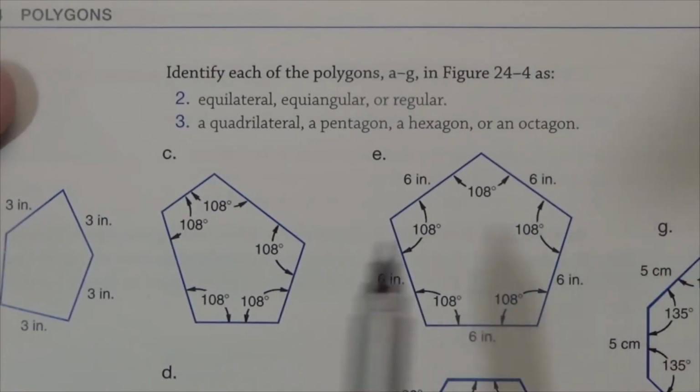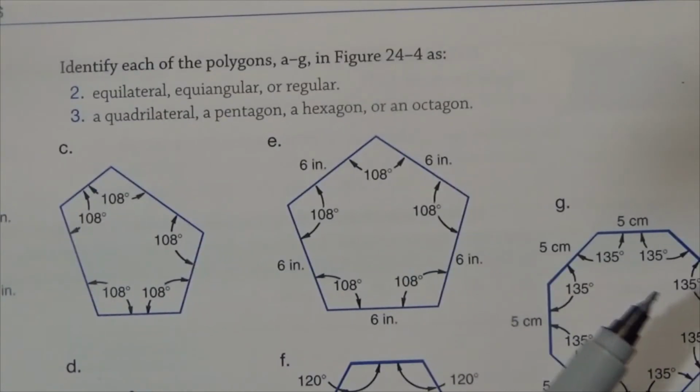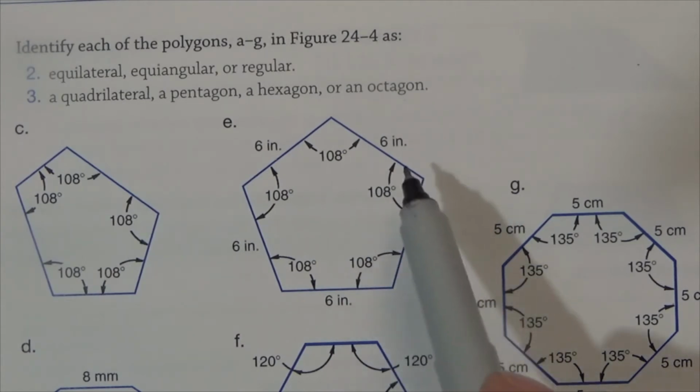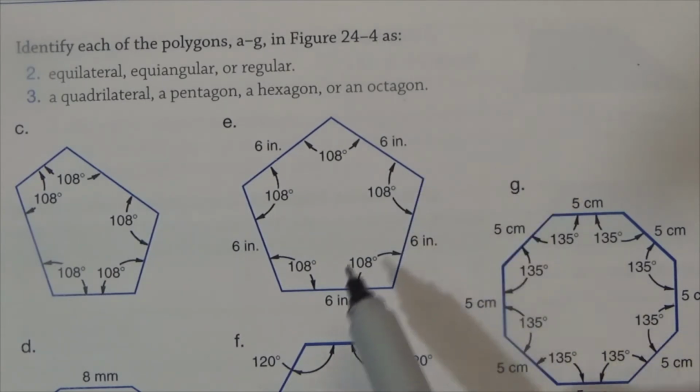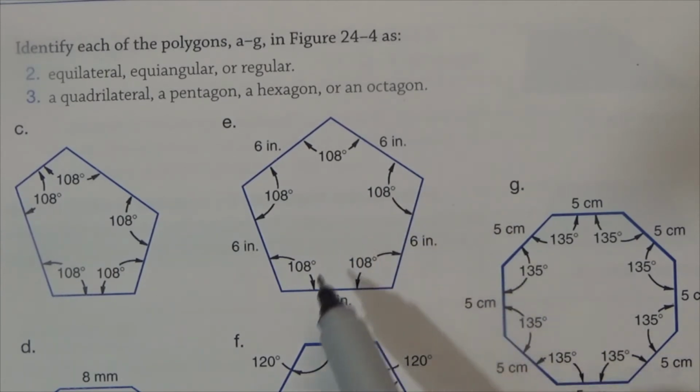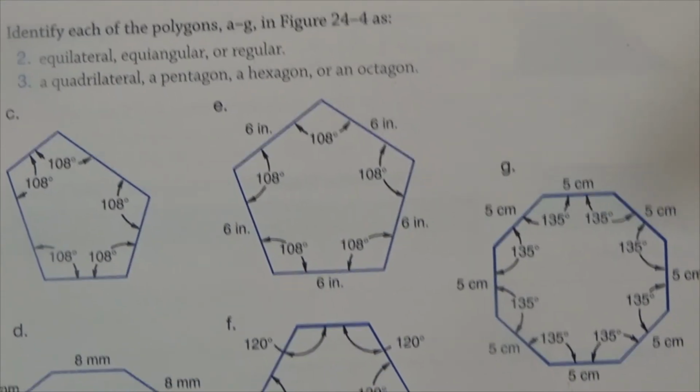So this one right here, all of the angles are 180. So this is an equiangular polygon, and we have 5 sides, so this is an equiangular pentagon. And this one, all of the sides are 6, so it's equilateral. All of the angles are 108, so it is equiangular, so that makes this a regular polygon, and it has 5 sides, so it's a regular pentagon.